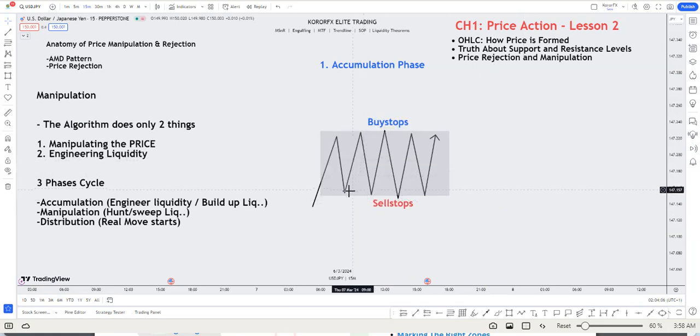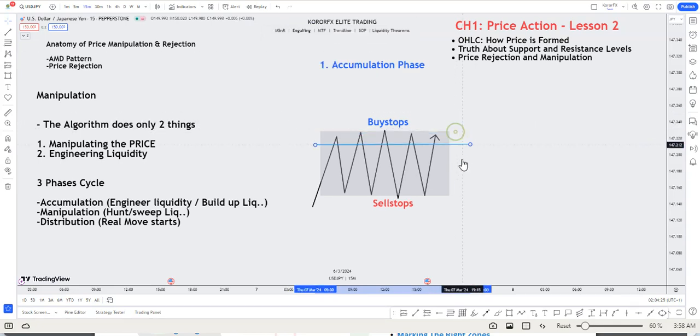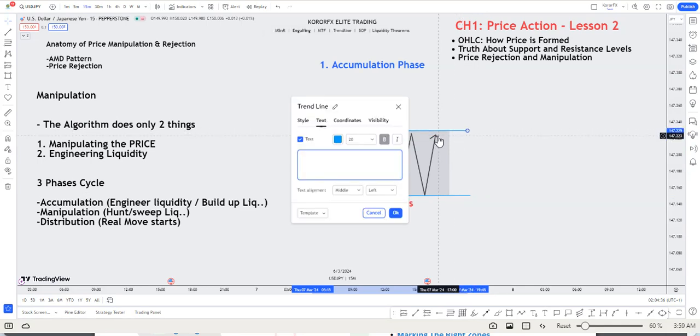We have two moves everywhere, and I have explained about it already. If you remember, price always moves from a level to another level.